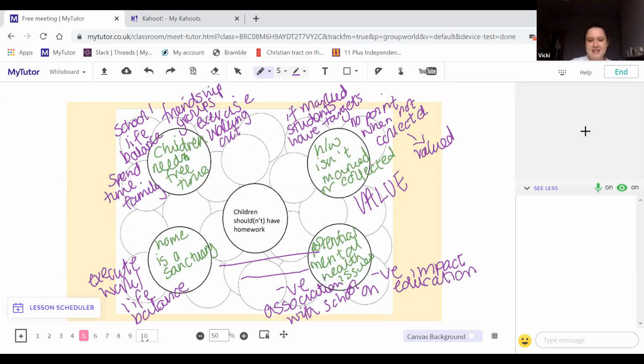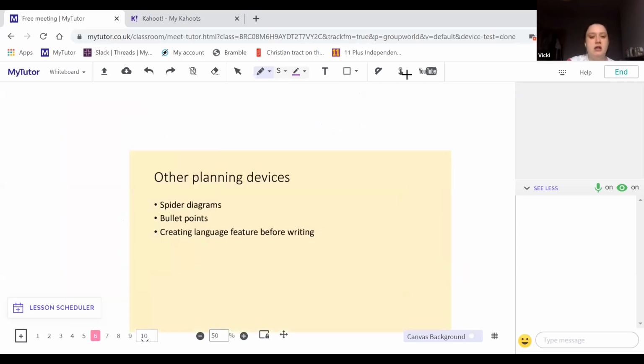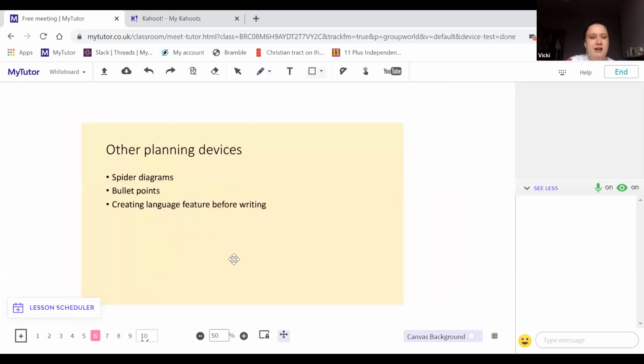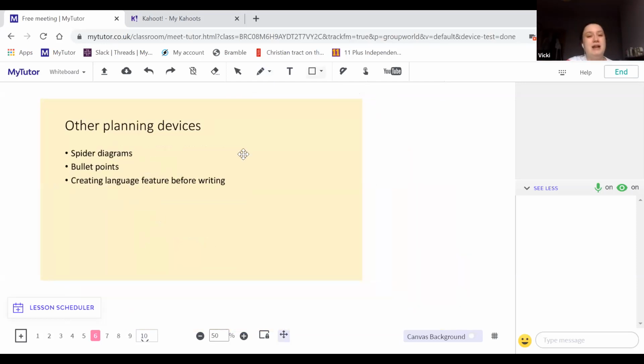Now, with this, obviously you can't do this in an exam because you're not going to be able to walk in with the sheet and write it down quickly. However, what you can do is use one of these devices, but structure it. It's how much time do you want to spend on your planning, really. Don't spend time making it look pretty.